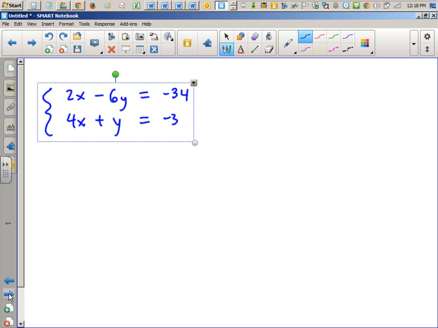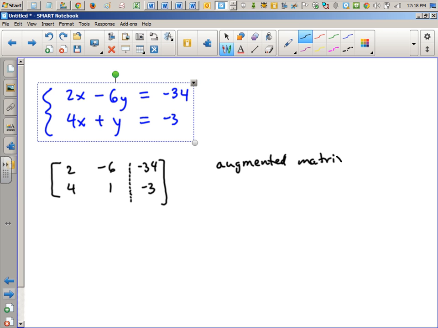So the first thing you know is we would probably write this problem like this, actually, in the matrix world. There's more than one way, but this is called an augmented matrix. What it really is, is 2 matrices combined. The left side here is called the coefficient matrix.